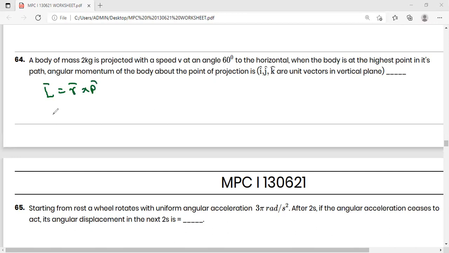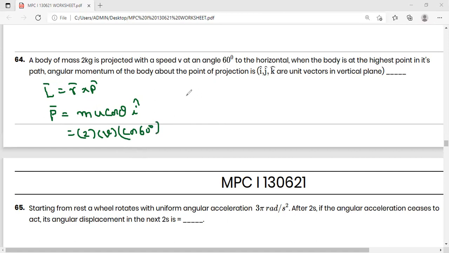First of all, you have to know what the momentum is. Momentum at the highest point is m into u cos theta only, na? At the highest point, the velocity is only u cos theta. Of course, it is along the horizontal direction, so i cap. m is given as 2, and in place of velocity it is given v, and cos theta is cos 60 degrees.